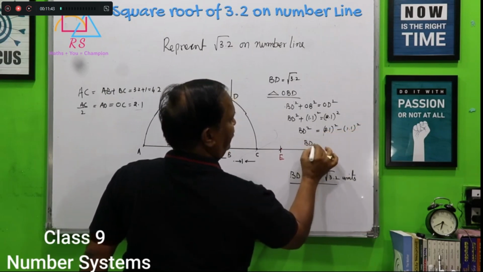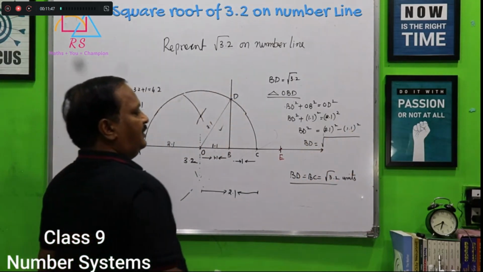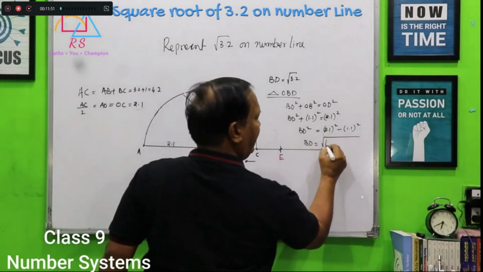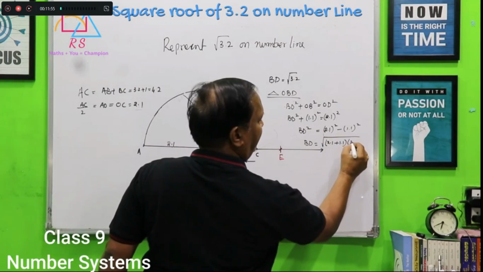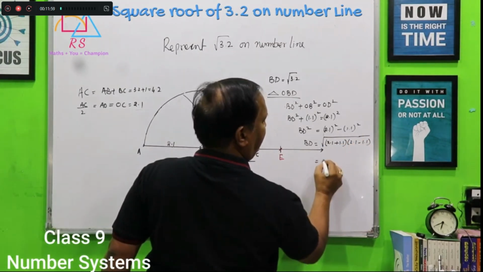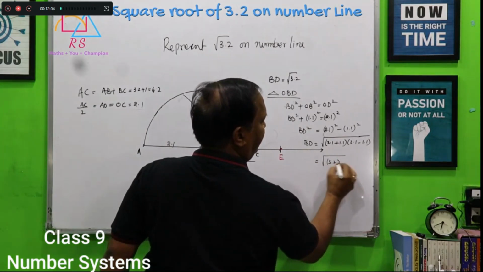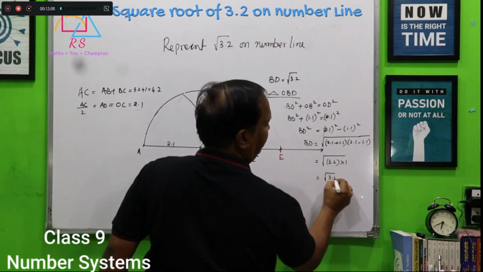So we want only BD, so it will go under square root. So under square root, A squared minus B squared, let us write A plus B into A minus B. So then 2.1 plus 1.1 is 3.2, into 1, which is equal to 3.2.